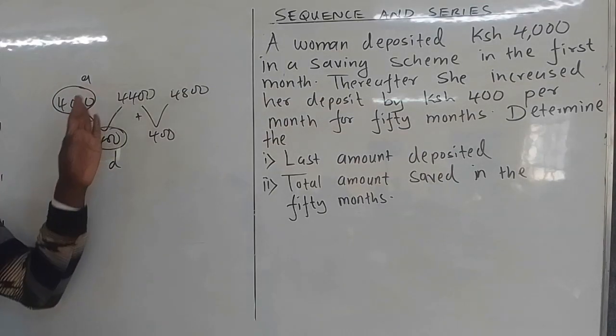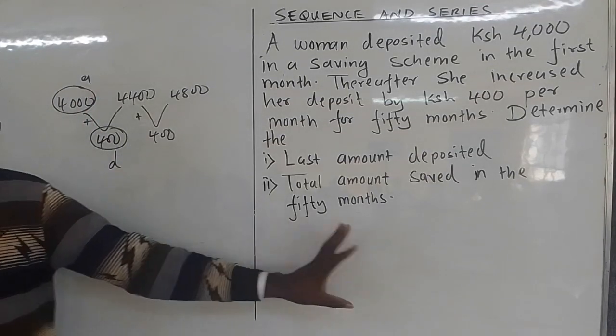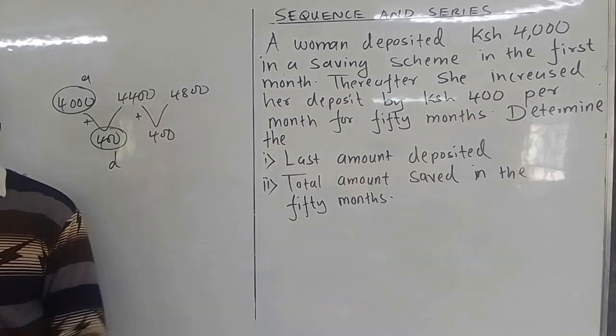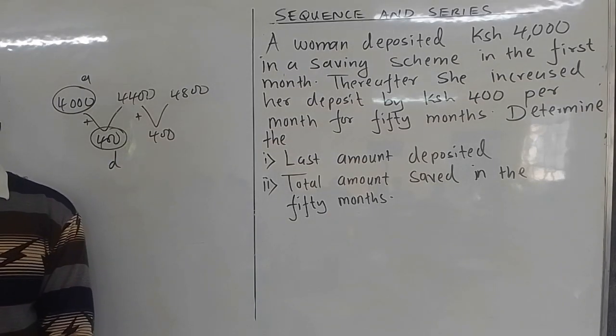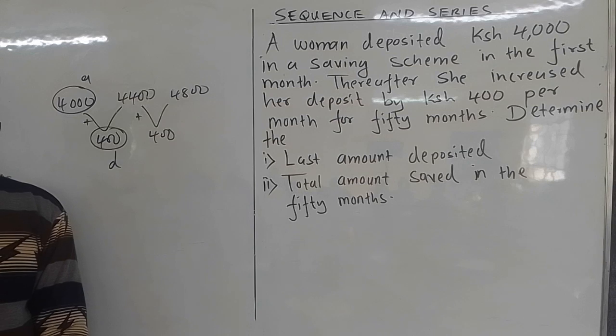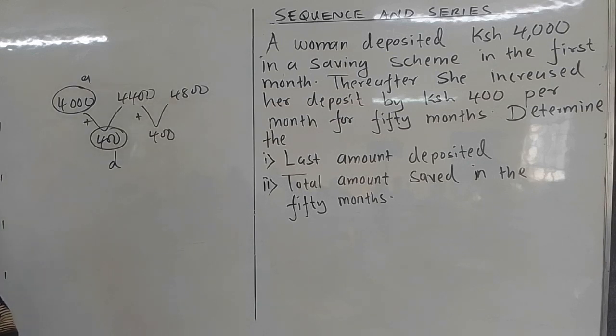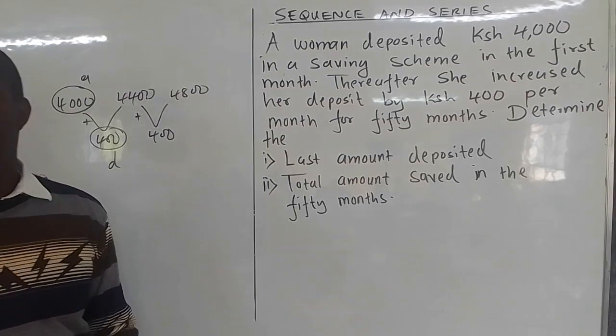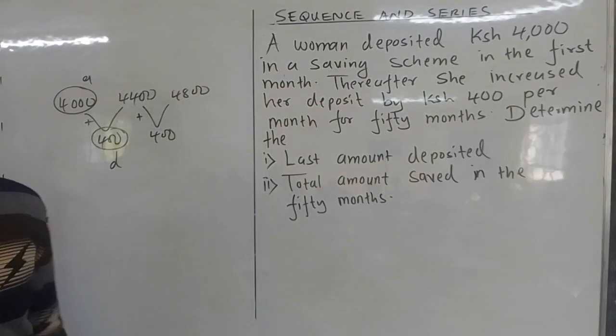So you have to interrogate the question before you identify what you are dealing with. From this interrogation, what have we realized? We've realized it is an arithmetic progression.